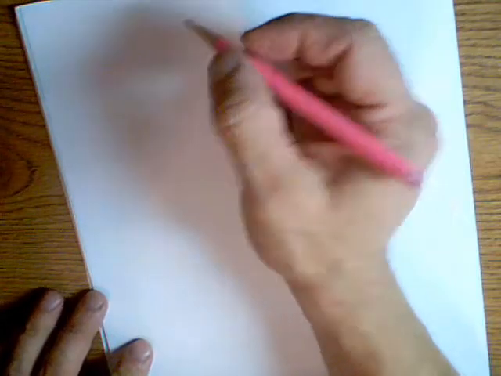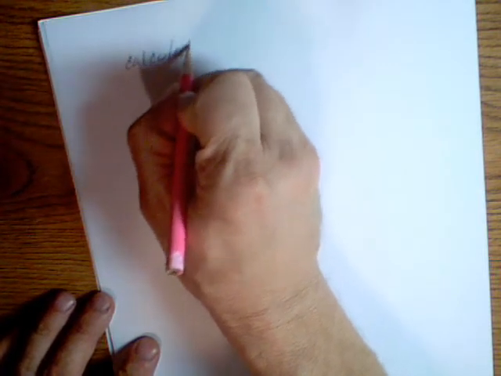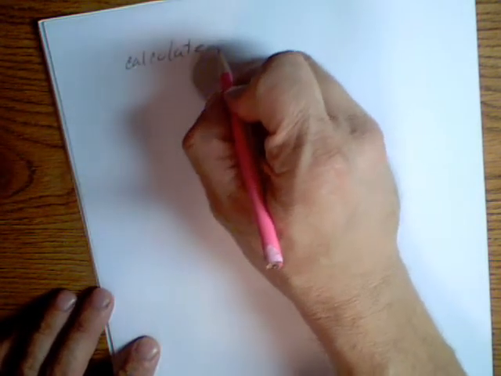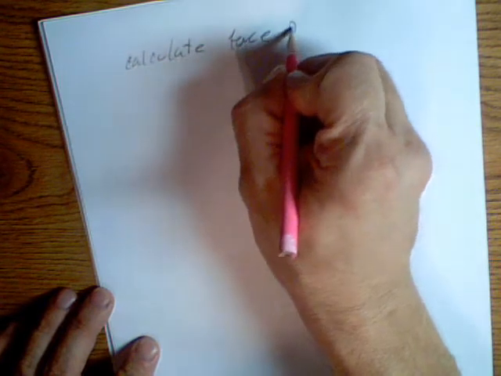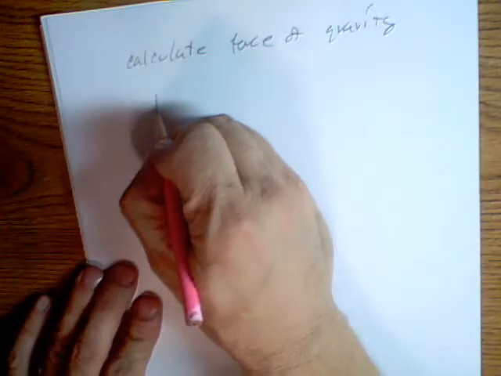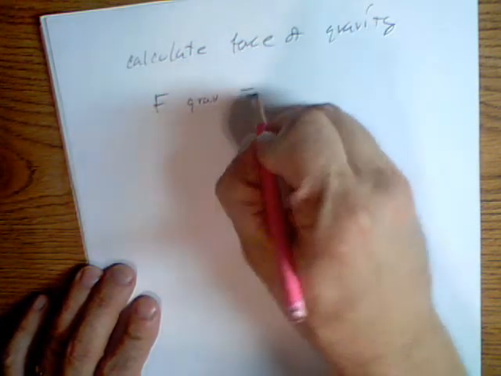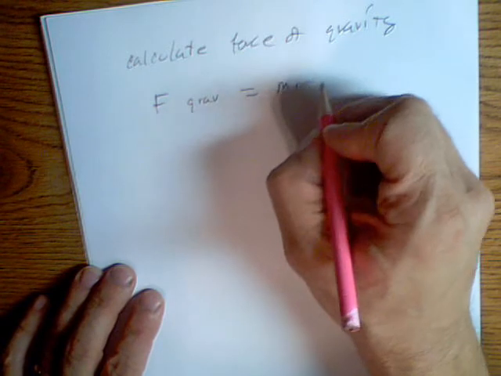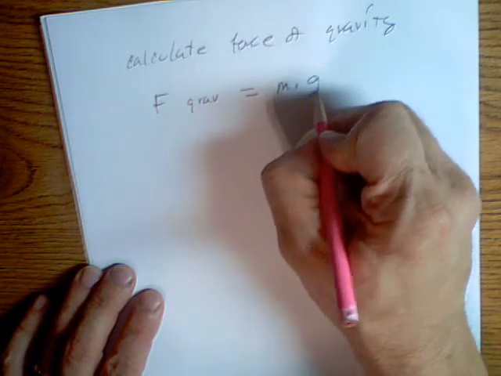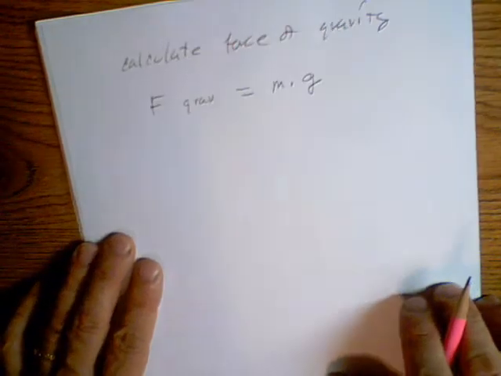So what we could do is we could calculate the force of gravity. Alright, because the force of gravity equals the mass times the gravitational force.